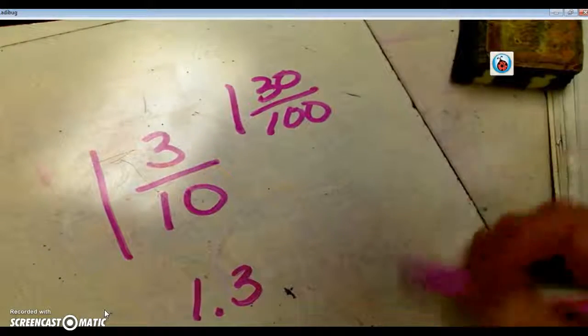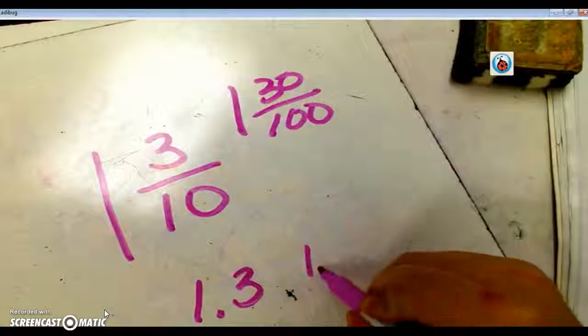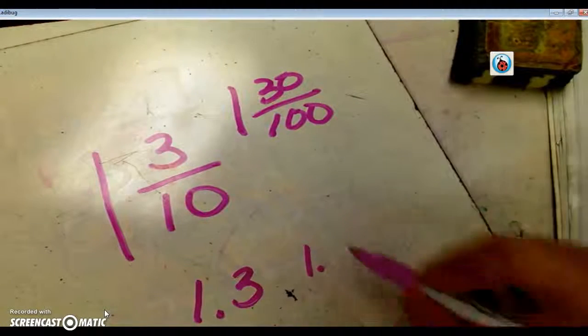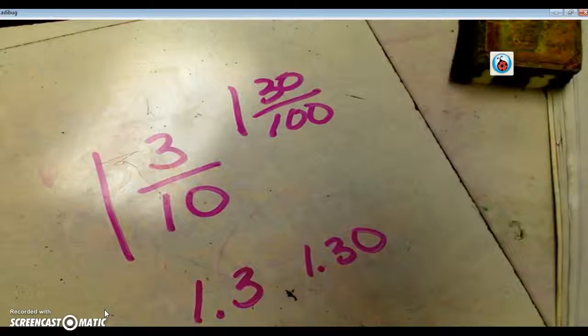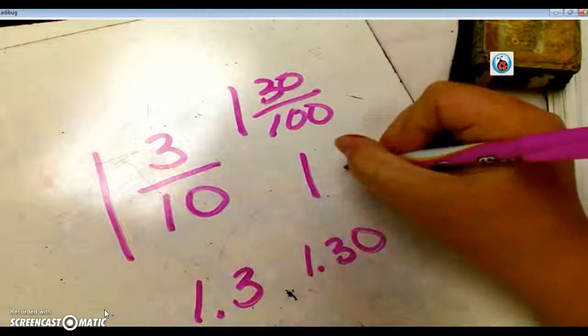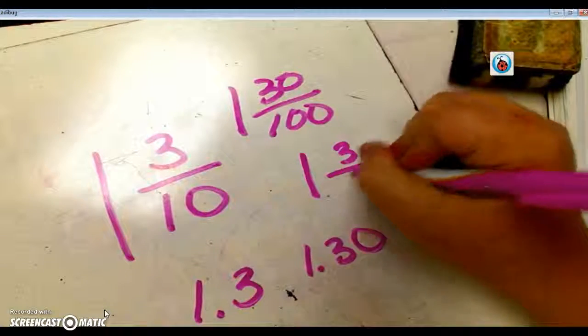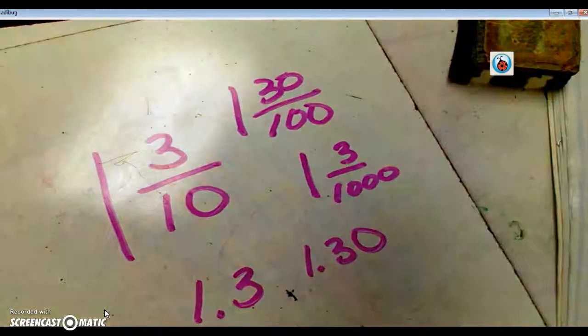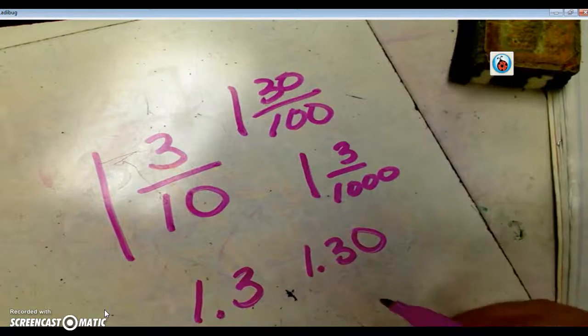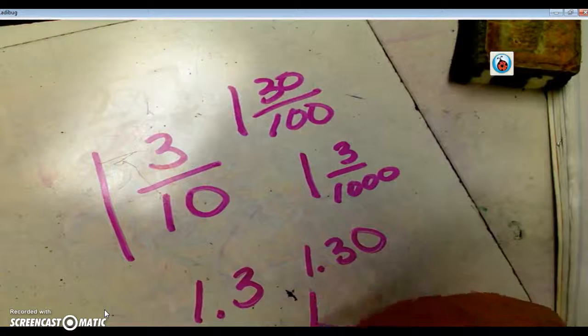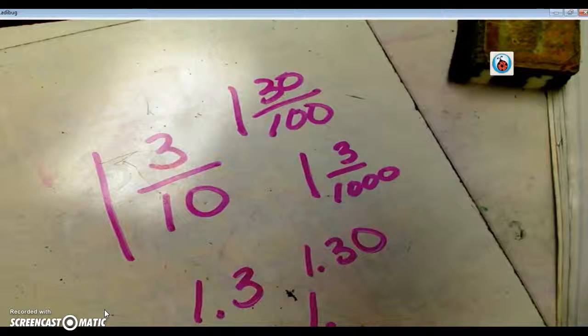Keely? Okay. What if I had 1 3/1000? Leslie? What would this be?